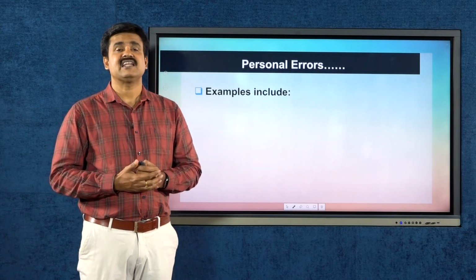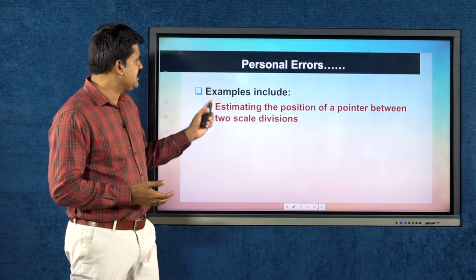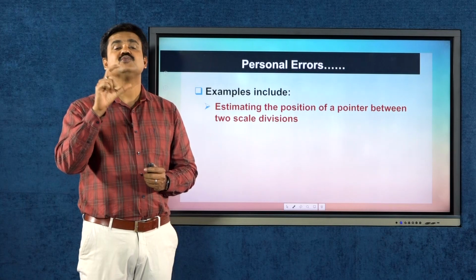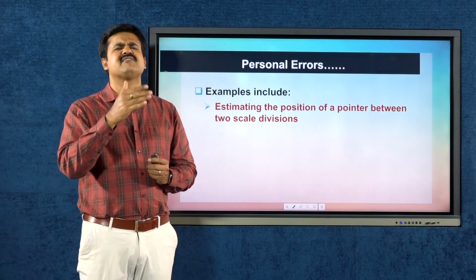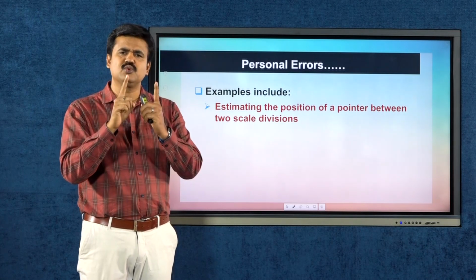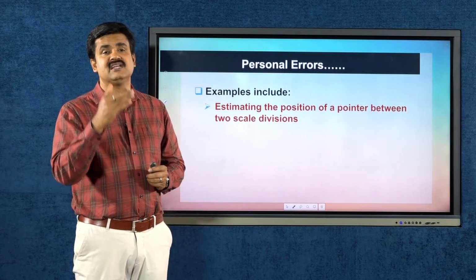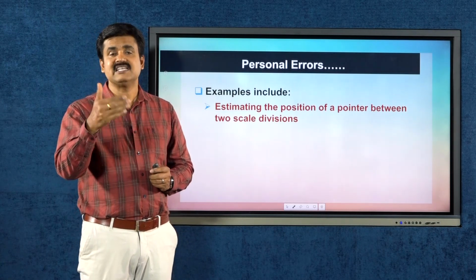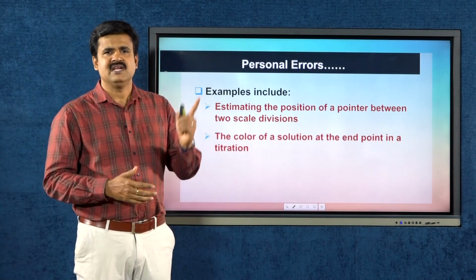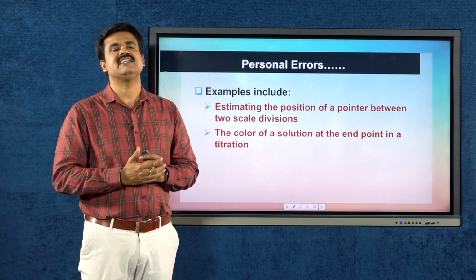Examples of personal errors are shown here. It includes estimating the position of a pointer between 2 scale divisions. Whenever we are taking some readings, suppose there is a point that is between 2 scale divisions, and we are going to read the exact value. In such a case, personal error may occur. The color of a solution at the end point in a titration.